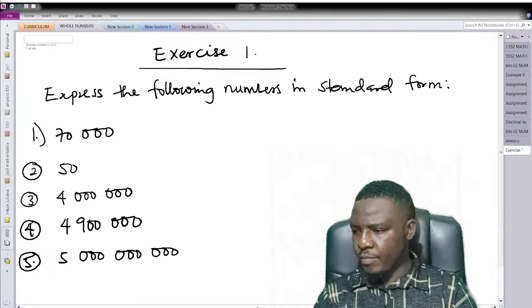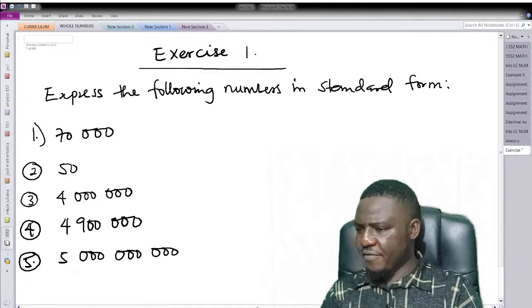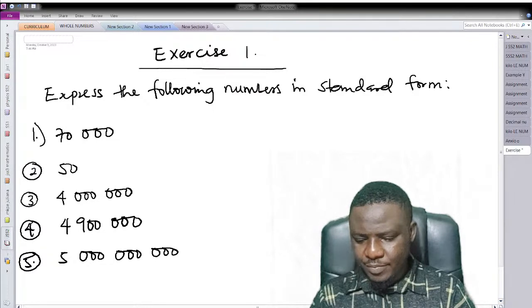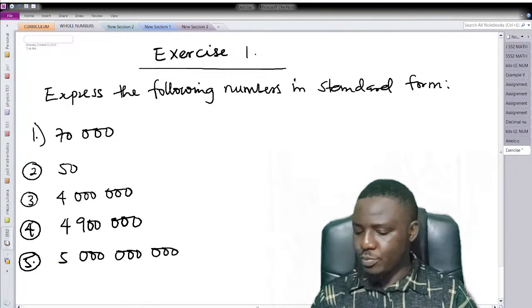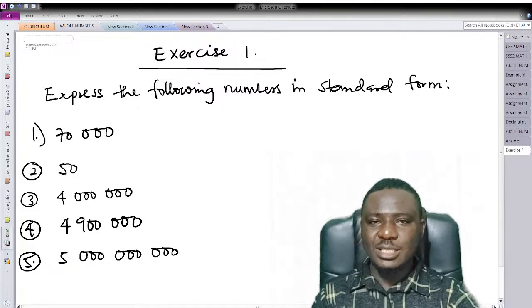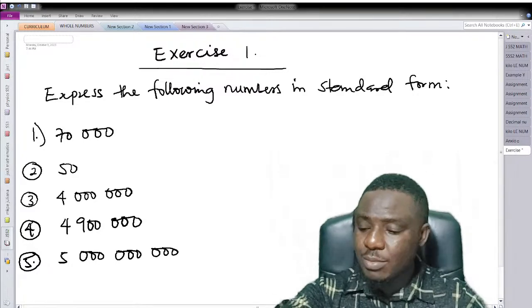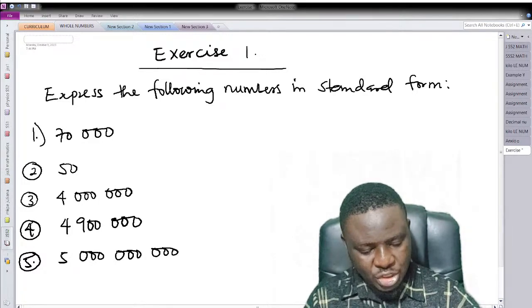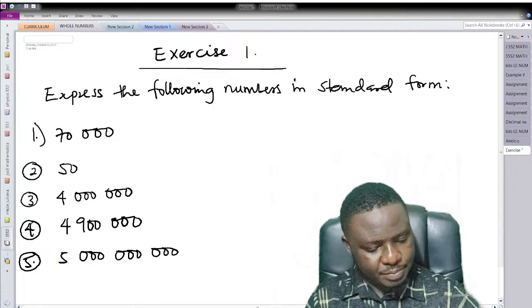Number 5, 5 times 10 raised to the power of what? 9. Okay, good. Excellent. You got it. That means you are actually following what I'm teaching. So let's move ahead.